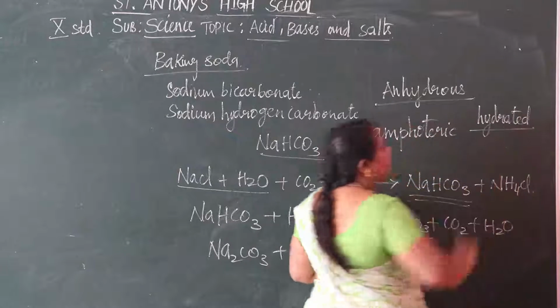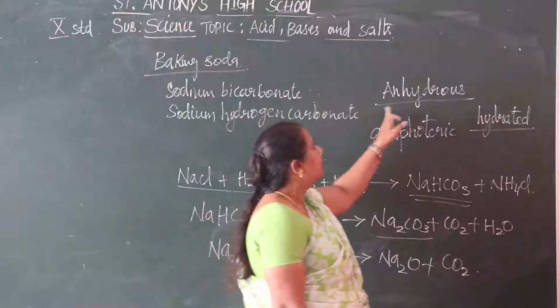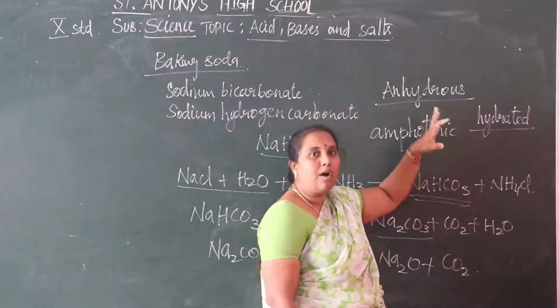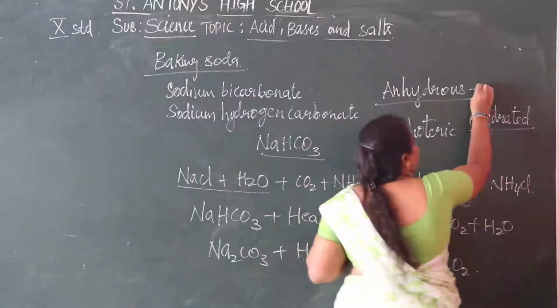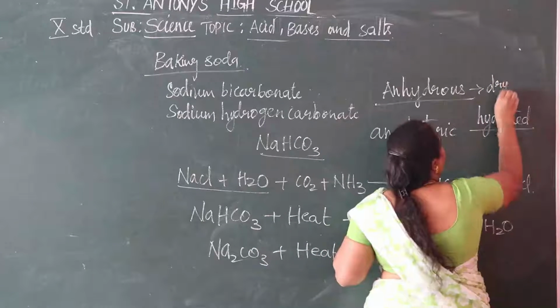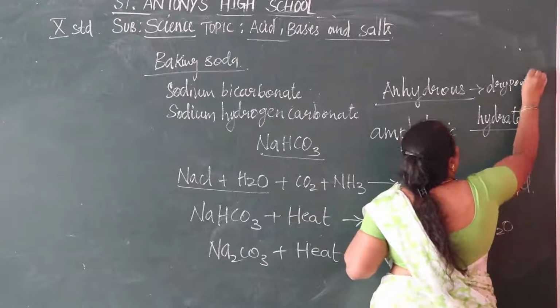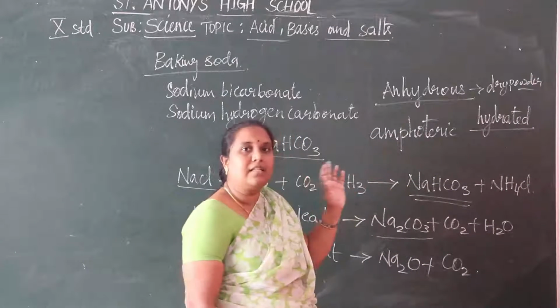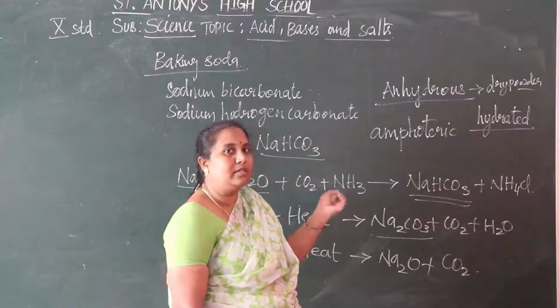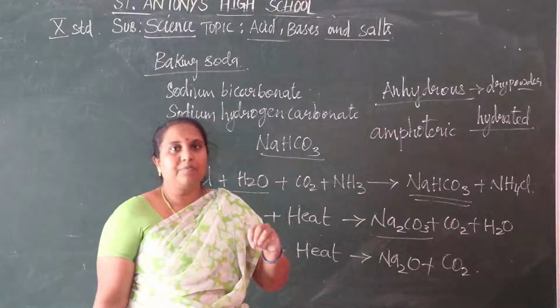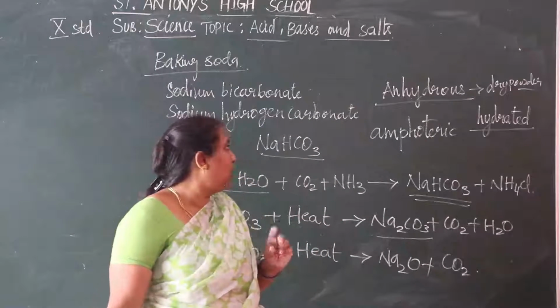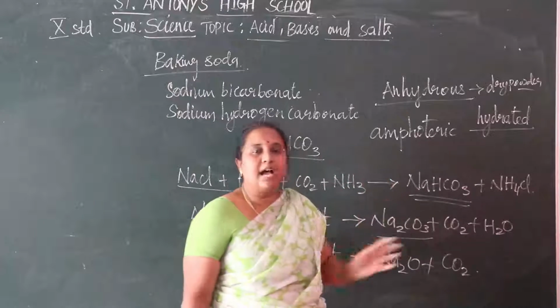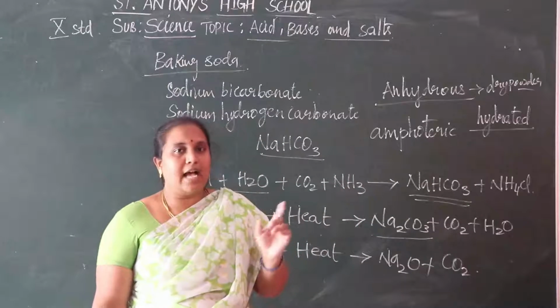Hydrated means with water. Anhydrous means without water, a dry powder, and hydrated means wet, it has some water content in it. So amphoteric means it reacts as both acid and base.